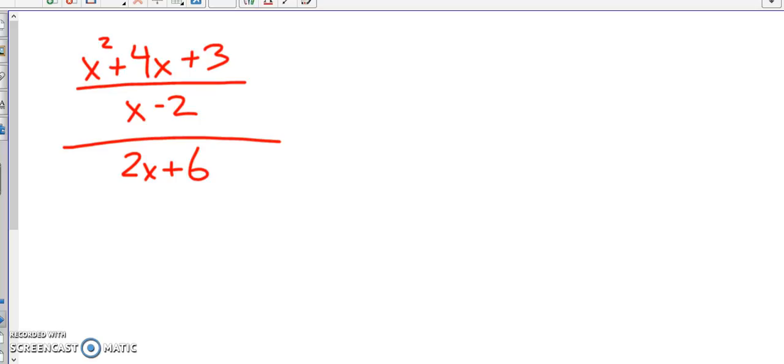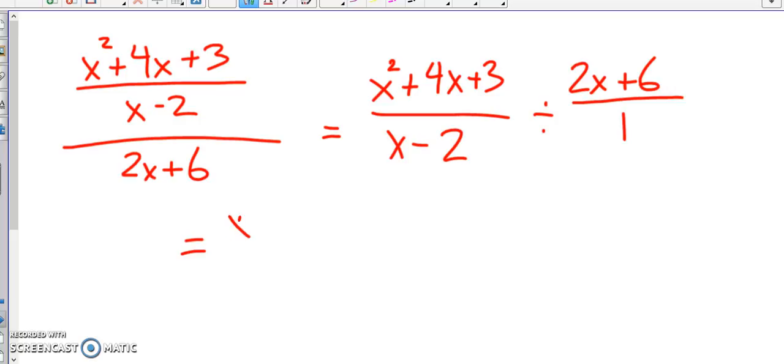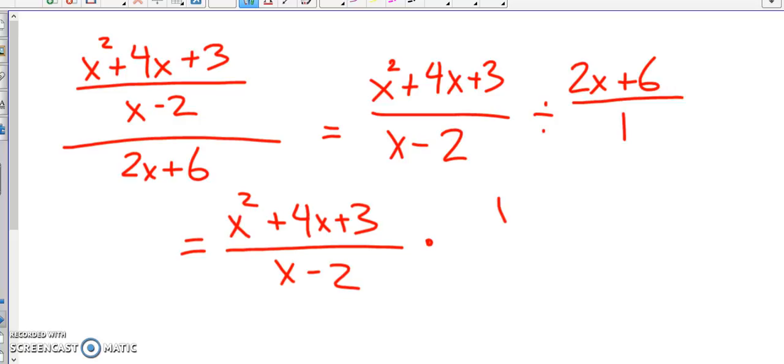Well, what we need to understand is that this would be equal to x squared plus 4x plus 3 over x minus 2 divided by 2x plus 6 over 1. So I can make that into a fraction. Then I'm going to keep, change and flip: x squared plus 4x plus 3 over x minus 2 times 1 over 2x plus 6.